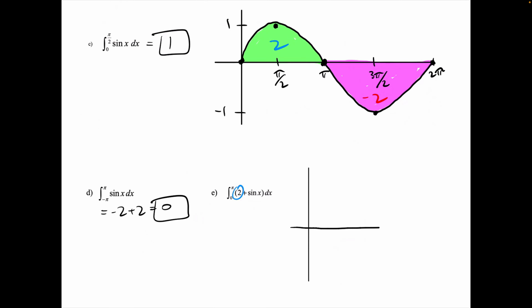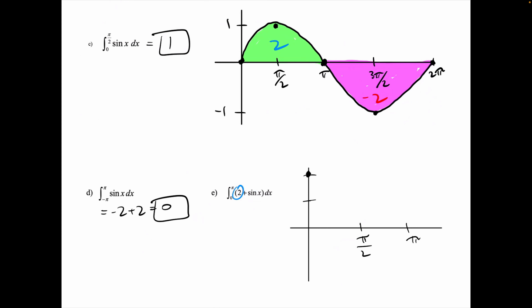So we want to go from 0 to pi, right? So we're going to go pi over 2. I'm not going to draw the whole thing because it just wants from 0 to pi. Has the same shape, just up. So 0 is not at 0. It's at 2. Pi over 2 is not at 1.